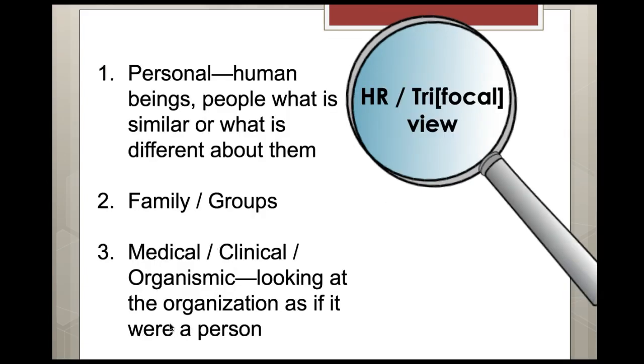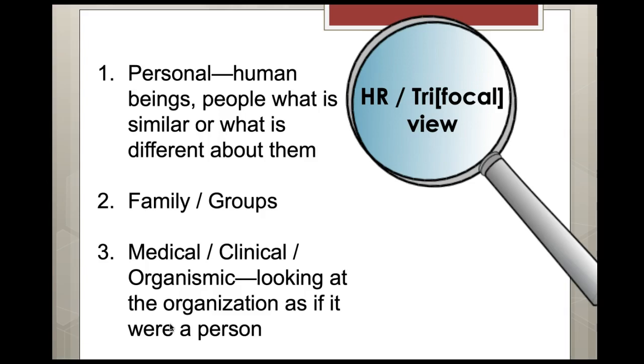Then the second lens or frame that we view, Bolman and Deal call it the human resources frame. I call it a trifocal lens, and I call it trifocal because I include three different areas in it. One is the personal. This is about the human beings. What is similar or different about them and how do they fit in organizations.